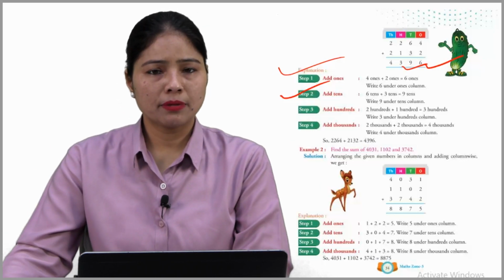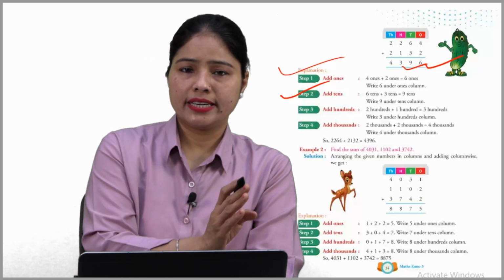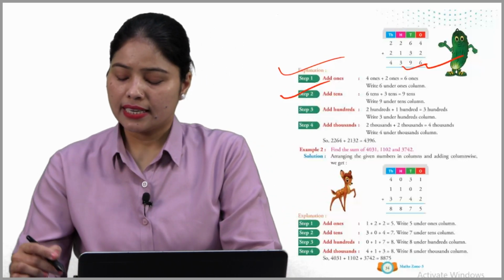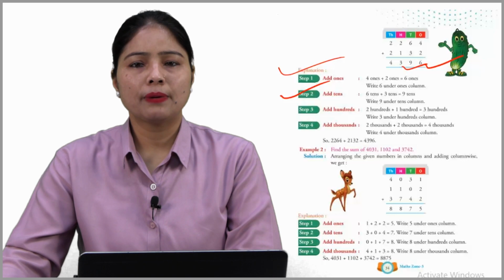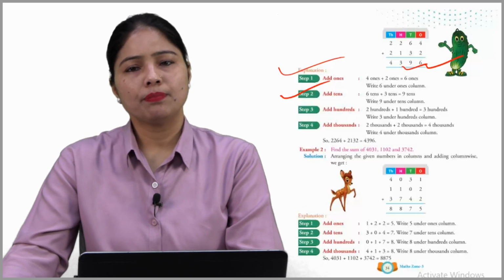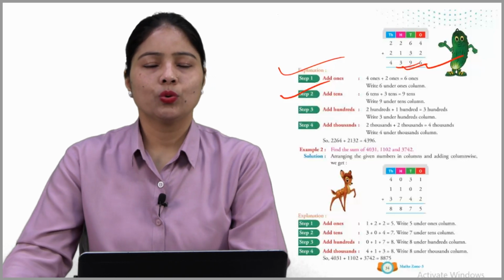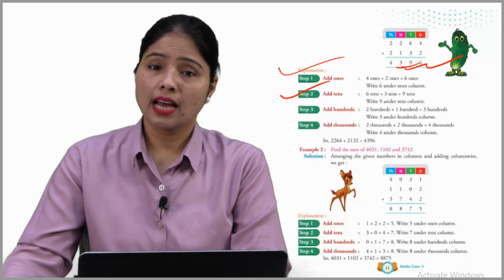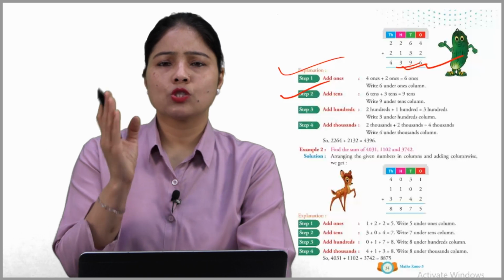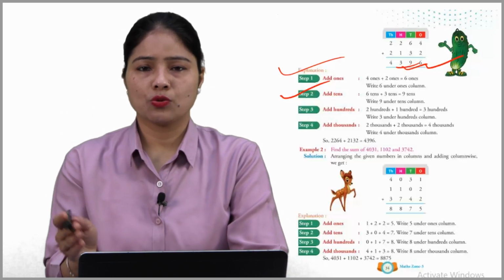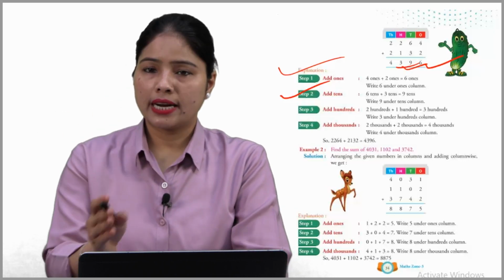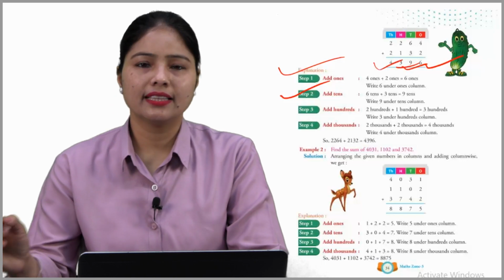ओके, स्टेप नंबर 3 में बच्चों add hundreds. अब hundreds को add करना है like this. 200 plus 100 is equal to 300. So like this 300. Okay, step number 4 में add thousands. So 2000 plus 2000 is equal to 4000. So write 4 under 1000 column like this.